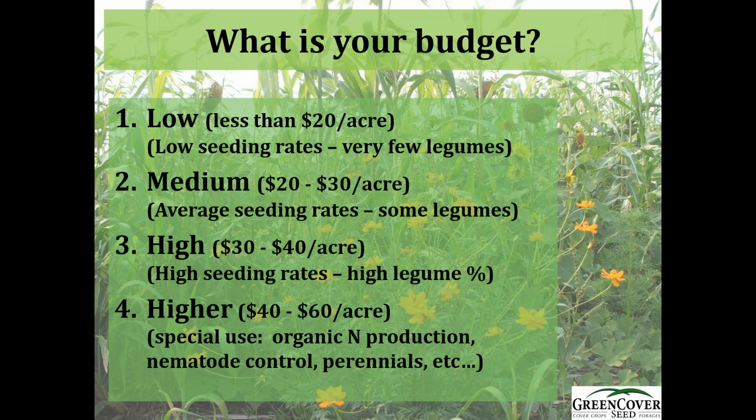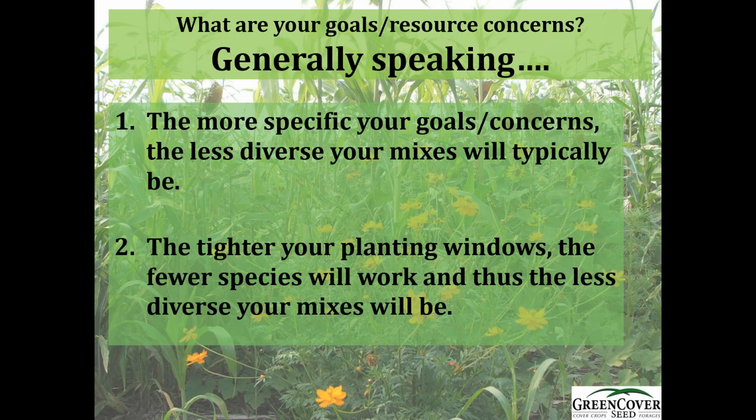There's a mix for each one of those scenarios, but again, you have to come into it knowing what you want to do so that we can help you step through that process. Now, just generally speaking, a couple of things here. The more specific your goals or concerns are, the less diverse your mixes are going to be.